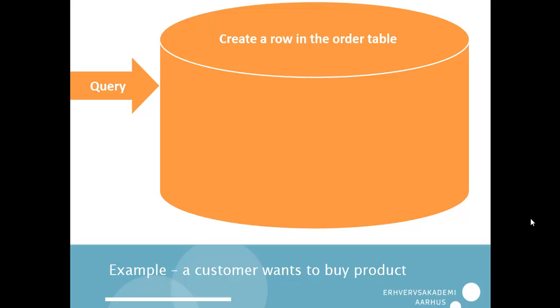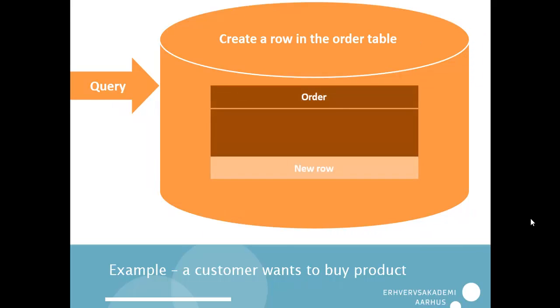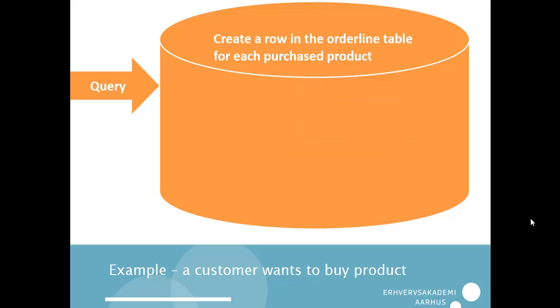Let's have a look at the first step. We want to create a row in the order table. So in the order table we create a row, no problem with that. We just have to specify who the customer is, so we have this relationship in place. Now we want to create a row in the order line table for each of the purchased products.